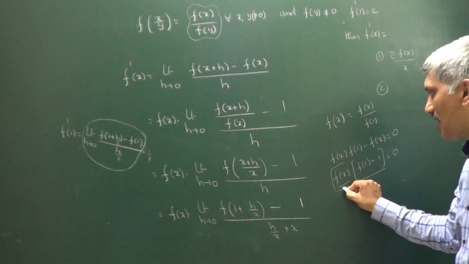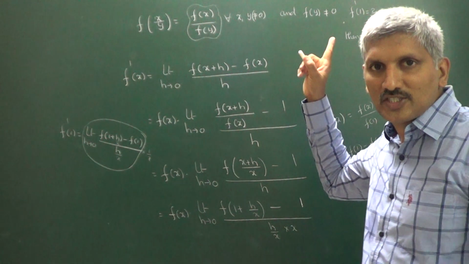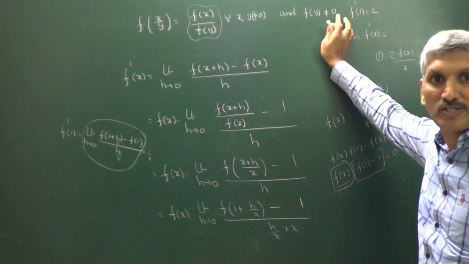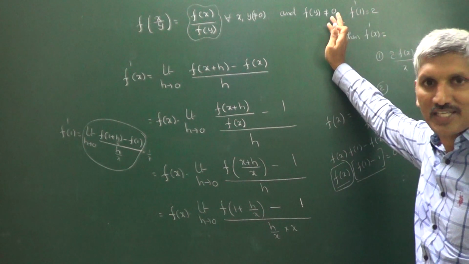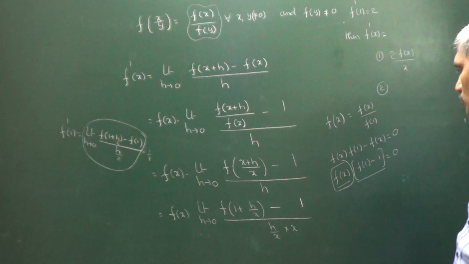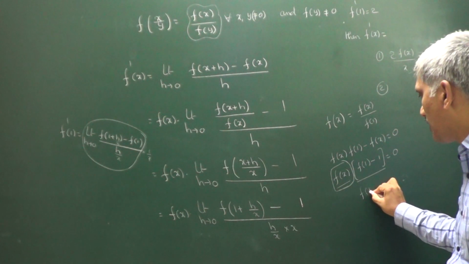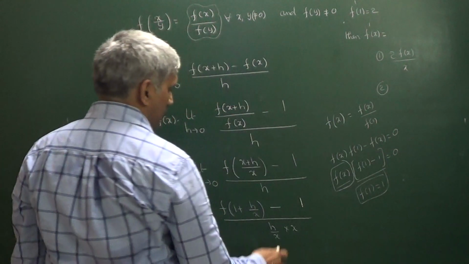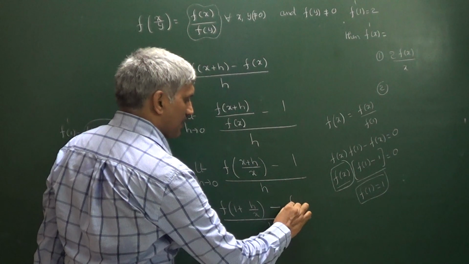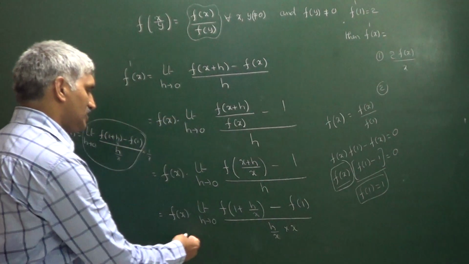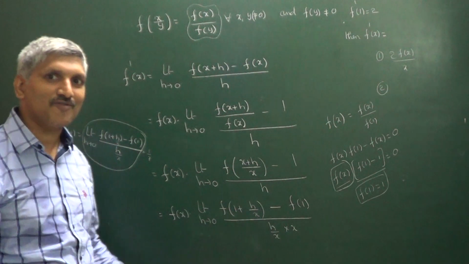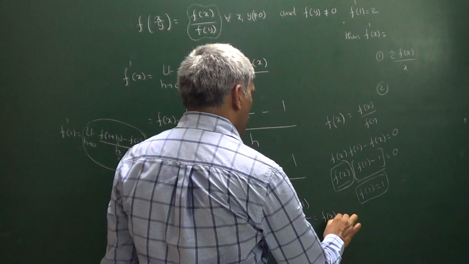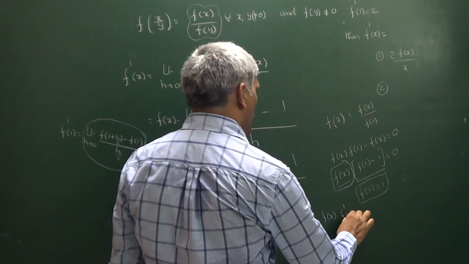But f of y is not equal to 0, which means f of x is also not equal to 0, y being replaced with x. So the only possibility is f of 1 must be equal to 1. That's why in place of this 1 we can write f of 1. Then this is nothing but f dash of 1. So we got this equal to f of x into f dash of 1.